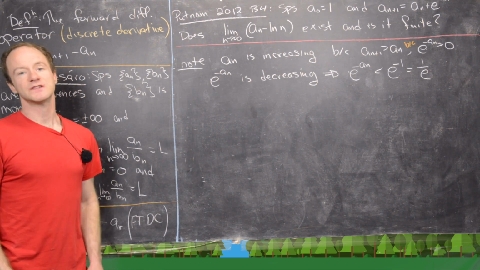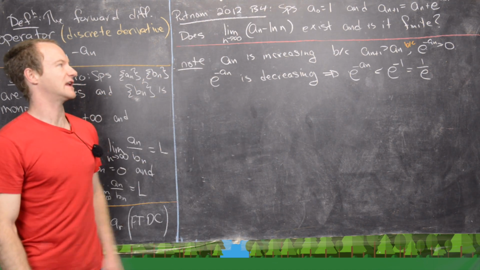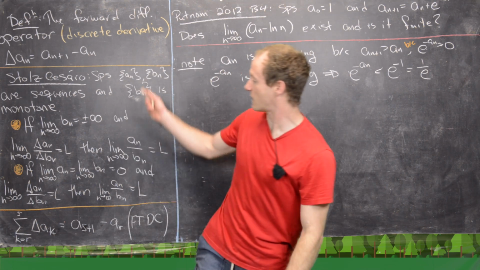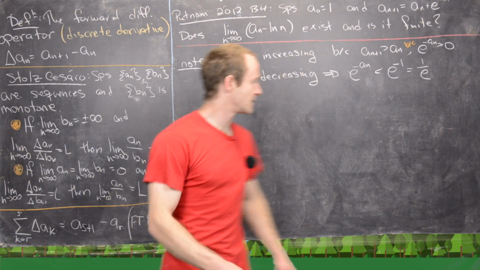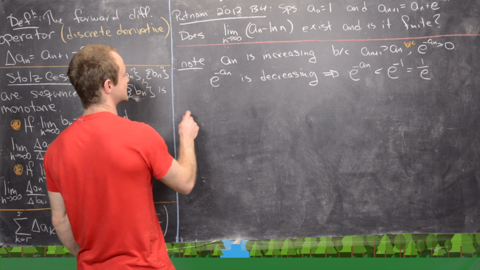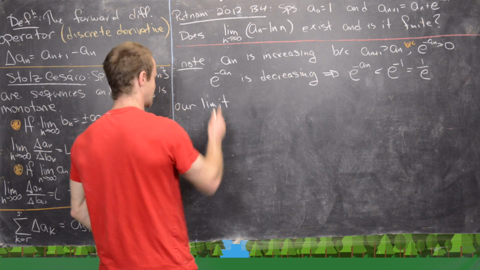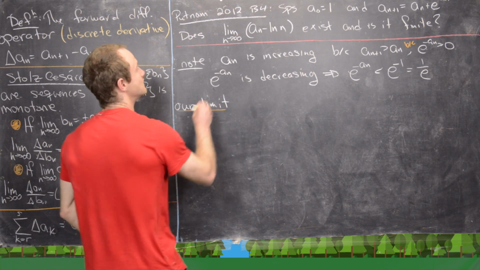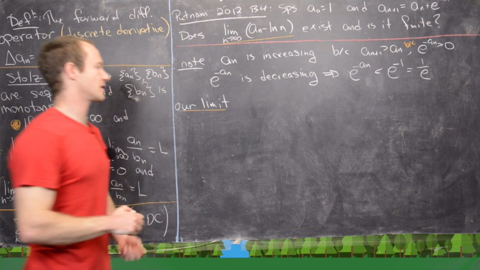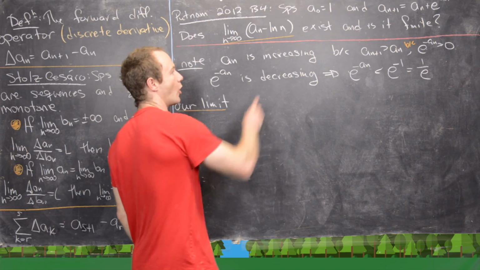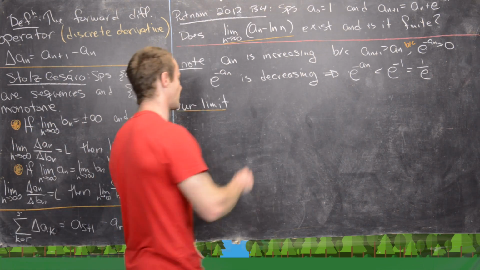Okay, great. So now let's get going with calculating this limit, and we're going to do that by using this theorem. And so the first thing that we want to notice is that our limit, so let's just go ahead and say that our limit is this limit right here, and we'll use the word okay for existing and being finite.